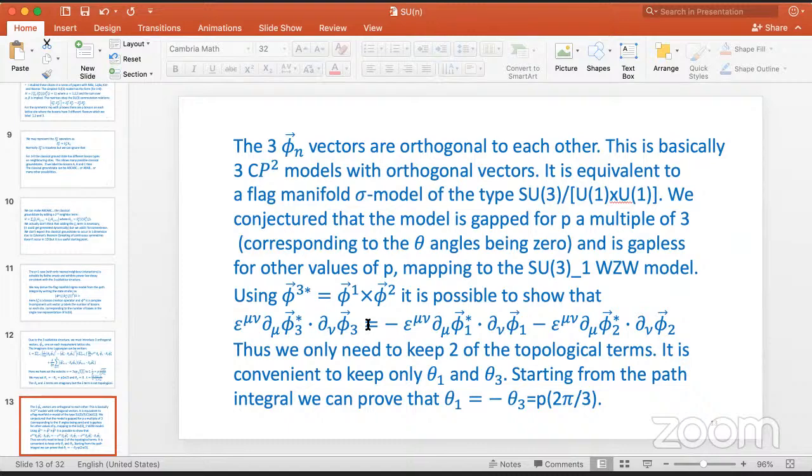So we only need to keep 2 of the topological terms. It's convenient to only keep theta 1 and theta 3. And starting from the path integral, we can prove that theta 1 is minus theta 3 is P times 2 pi over 3. So if P is a multiple of 3, the topological angle is effectively 0, but otherwise it is non-zero.